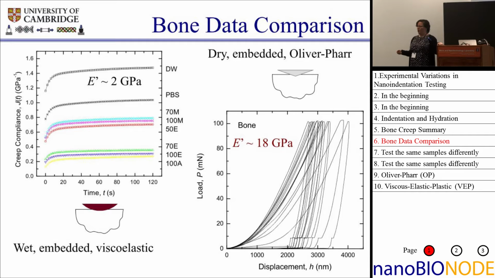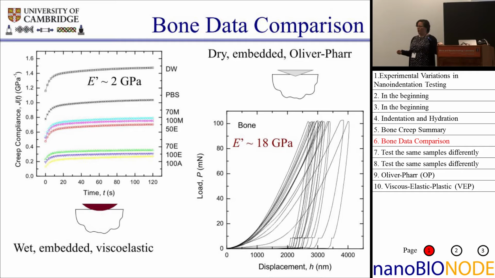And that was rather startling, since the data on the right show what you would get if you were testing dehydrated bone using a Berkovich indenter, using elastic plastic data analysis of the sort that George was just talking about. And there we were seeing average values. You see I have 18 gigapascals for that particular data set. You can see around 20, 25 sometimes. So we've got an order of magnitude problem here.